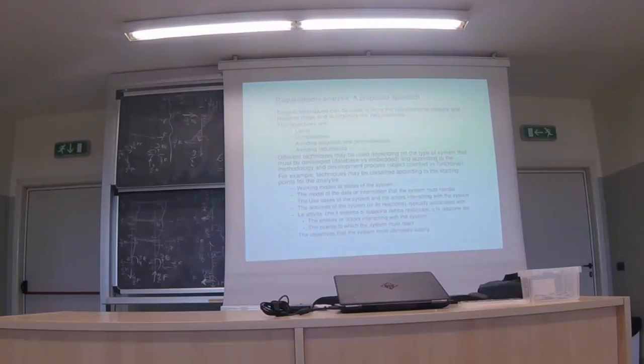So, what are the objectives in our approach? We need clarity, completeness, possibly avoiding ambiguities, inconsistencies, and redundancy. Okay, we want to avoid possibly these three kinds of problems, and we want to be as clear and as complete as possible.